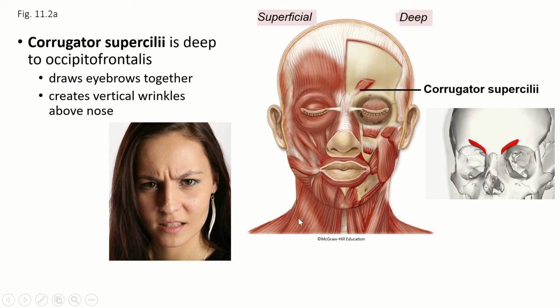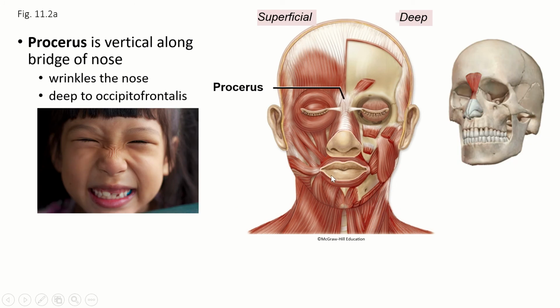So here's the superficial layer of muscles, here's the deep layer of muscles, and here, this frontalis muscle has been cut away so that we can see this corrugator supercilii, which sits completely deep to the frontalis muscle. Okay? So when you're looking at these diagrams, keep in mind what's superficial and what's deep, and pay attention on the diagrams when it tells you that a muscle has been cut away to show you a deep muscle. Okay? All right, now, this one doesn't have the same naming convention.